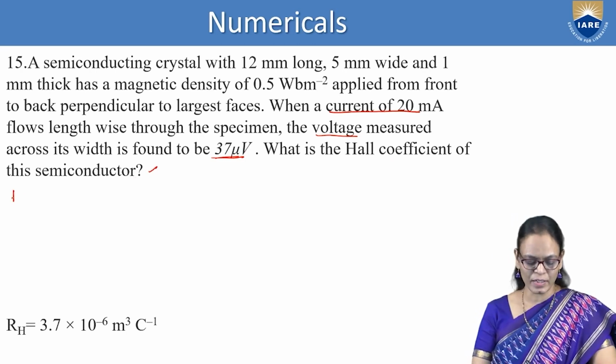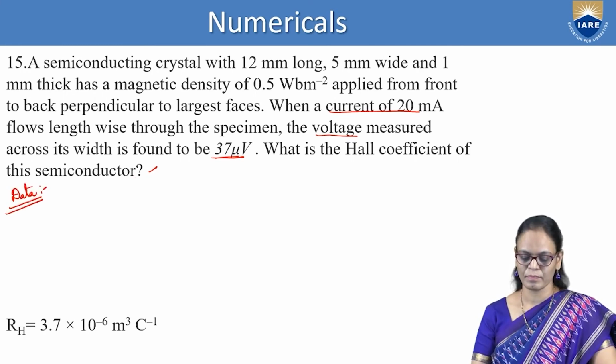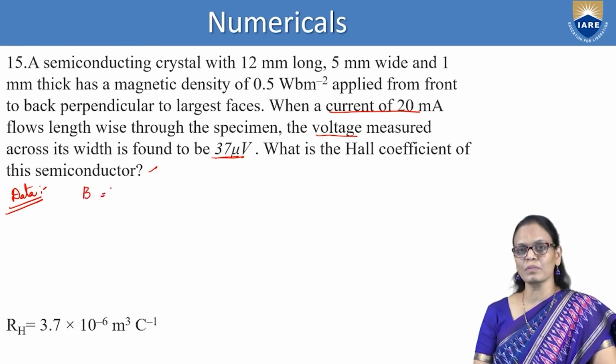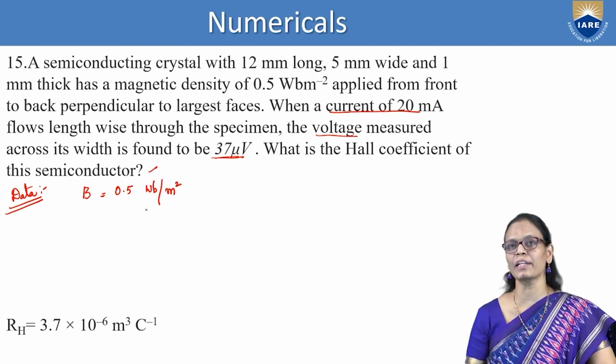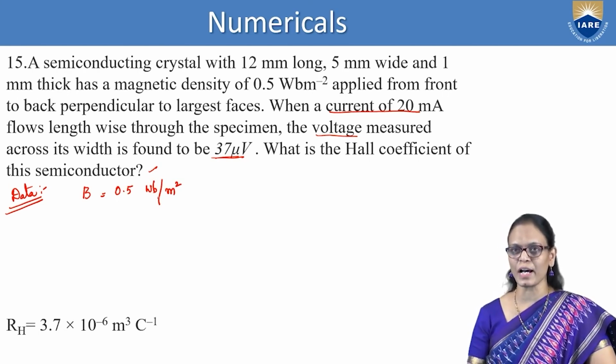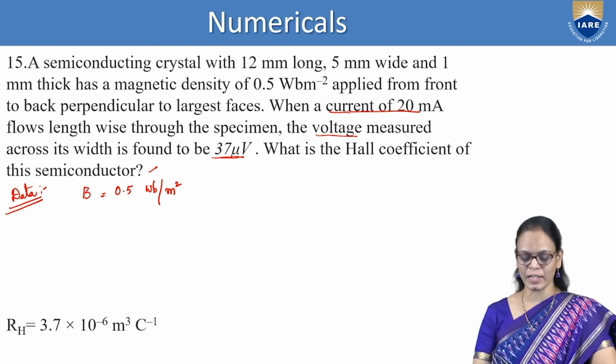So let us write the data. We have a magnetic field B equal to 0.5 Weber per meter square. That is the magnetic field applied from front to back, perpendicular to the largest faces. And then the current is given. Current is 20 milliampere.